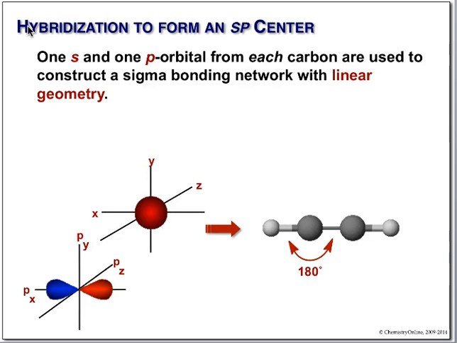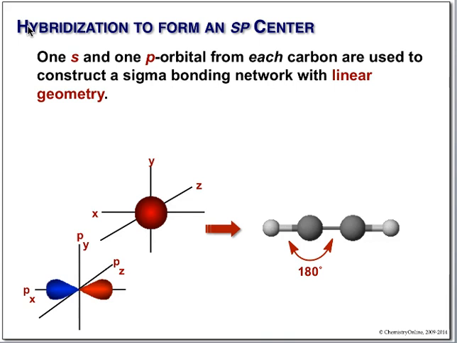If we combine these 2 orbitals, and then solve for the regions of space where we have minimum impact between electron clouds, we wind up with linear geometry. 2 orbitals, 2 sigma bonds, and that's on each carbon.